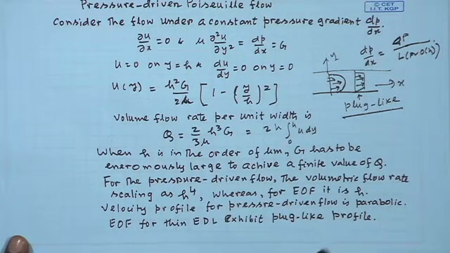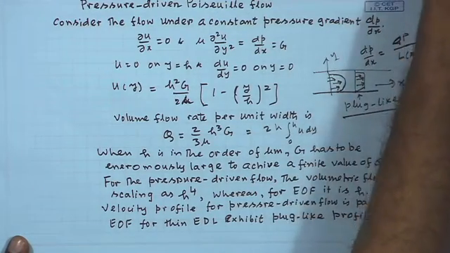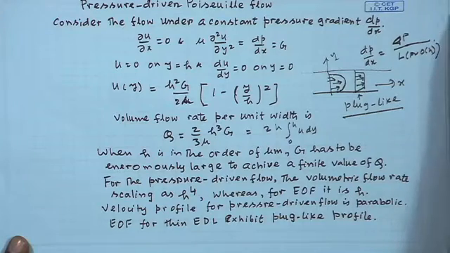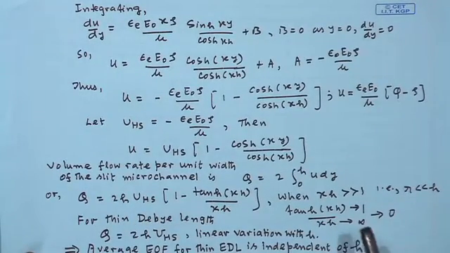Whereas, for the volume flow rate of the EOF that we just obtained, the flow rate is just proportional to h. For a thin Debye layer, this is nothing but 2h UHS.